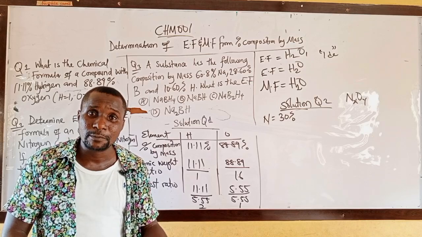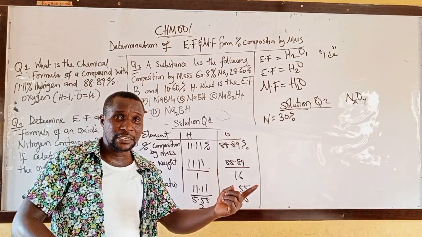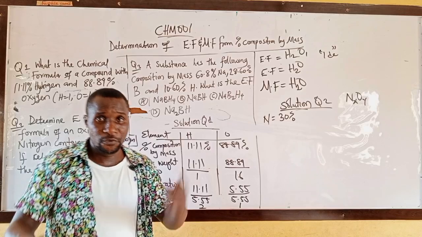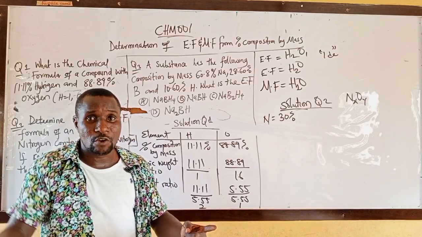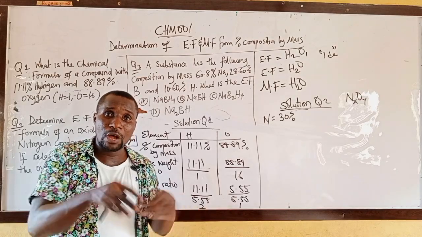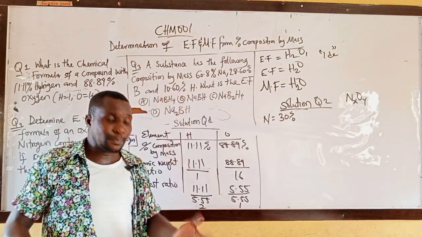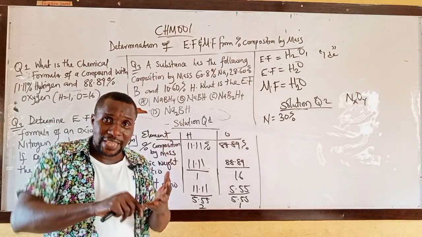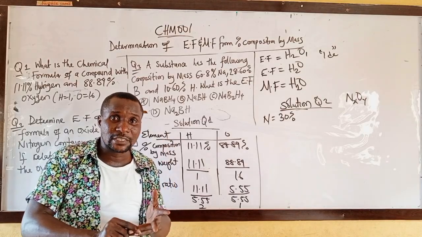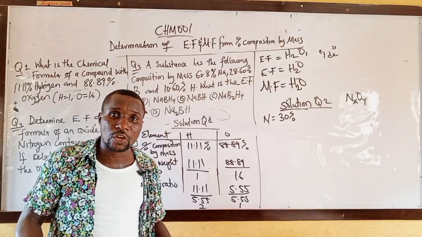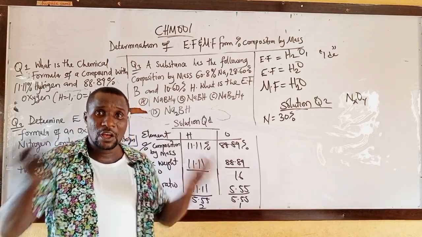If you have 2 elements, and the percentage composition by mass of 1 element in a compound is 40, the second element will be 60. The sum must be 100. If there are 3 elements, and the first is 30% and the second is 20%, the third will be 50%, because the addition must be 100.